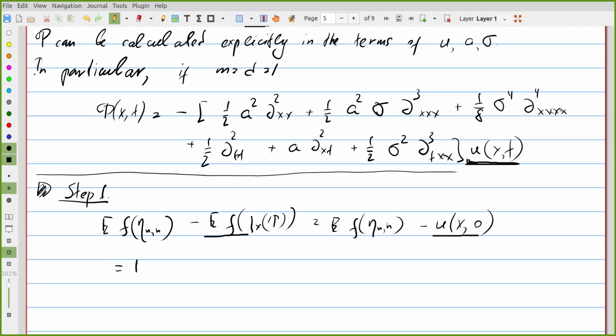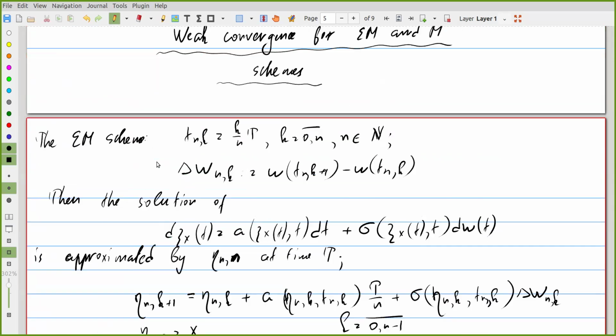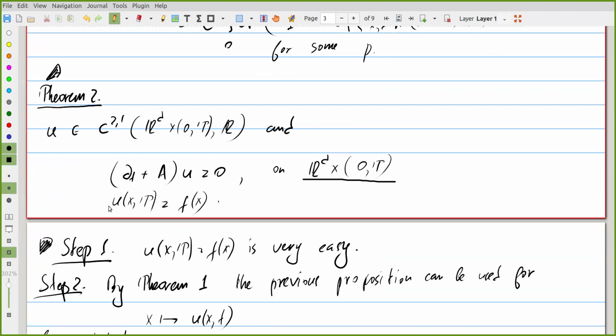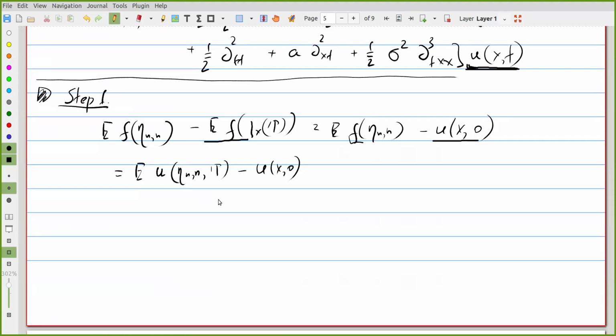And now we can write this as a mathematical expectation, because phi also is related to u by this. So both sides are now written in terms of our u.